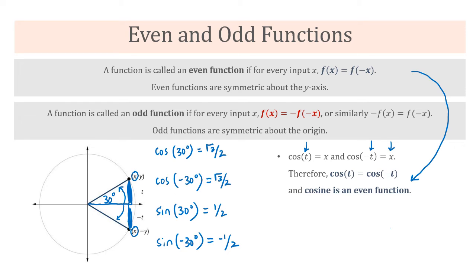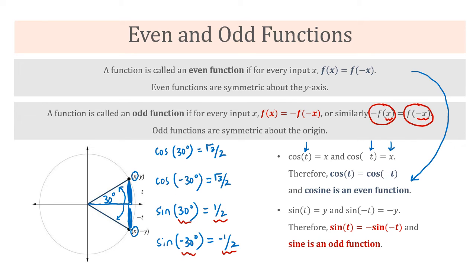That is the same as the odd function definition we see above. We have the opposite inputs and we have the opposite outputs. That's exactly what's happening here. If we have a positive x and a negative x as our inputs, then one output is going to be negative and one output is going to be positive. So they're the opposites. So we can say that the sine function is an odd function.